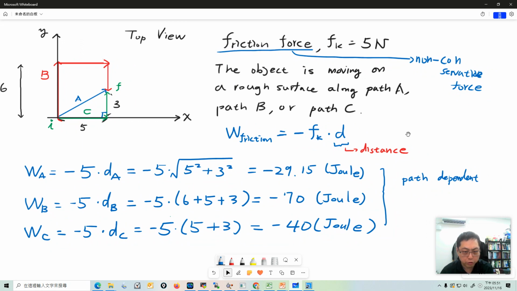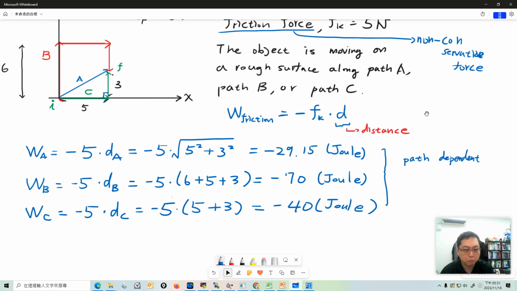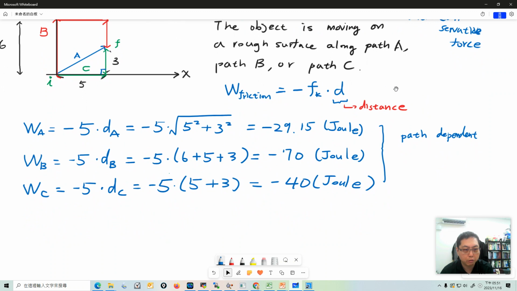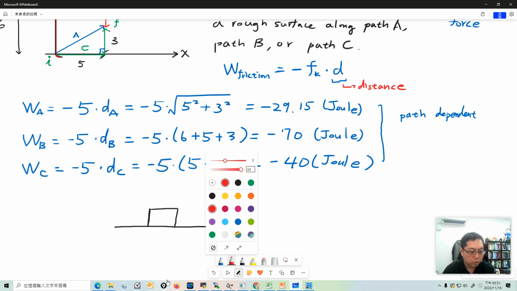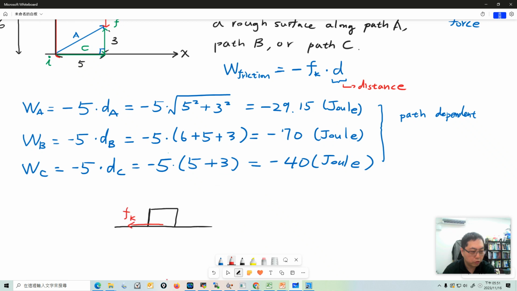If you don't quite understand this, let me show you a little about it. Suppose we have the object moving on a flat surface. We have friction force here.